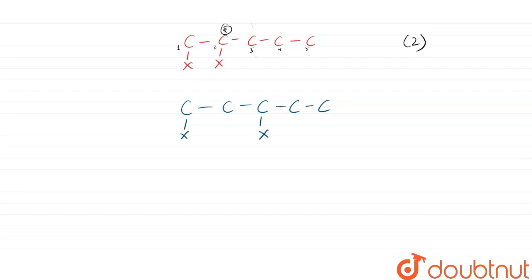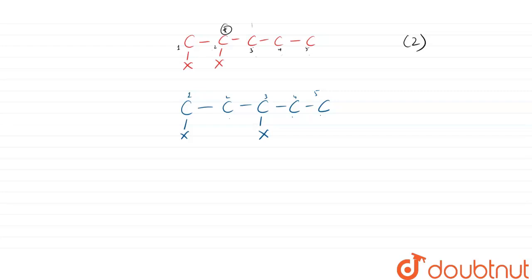If I put the halogen atom here and another one here, numbering will start from here 1, 2, 3 and 4, so again both the halogen atoms will be at first and third position.